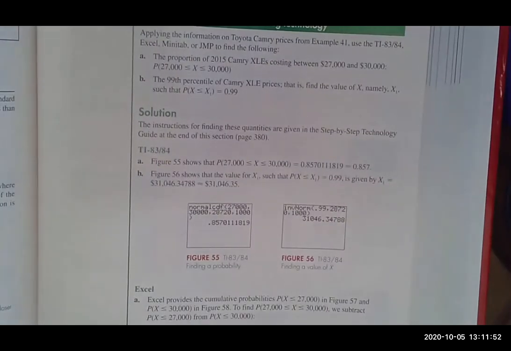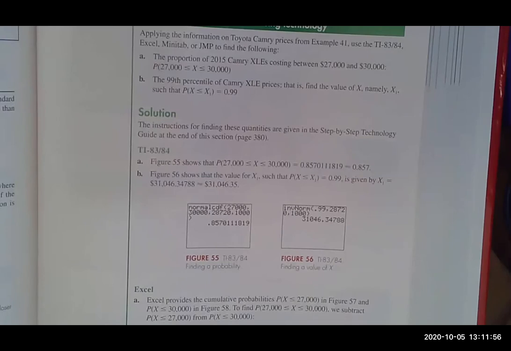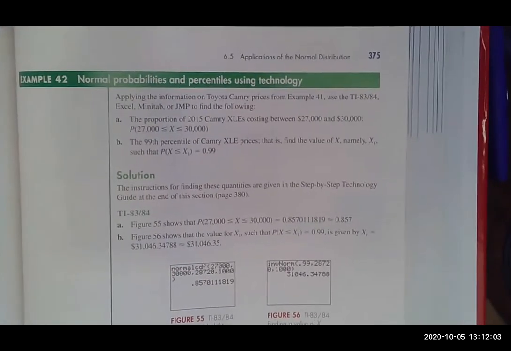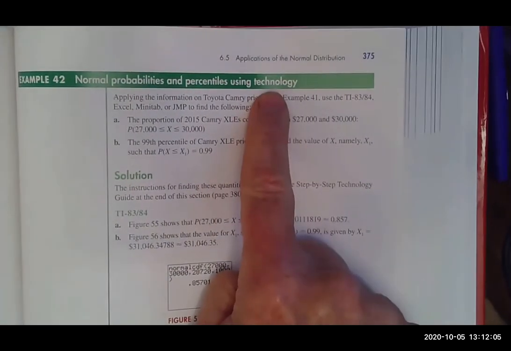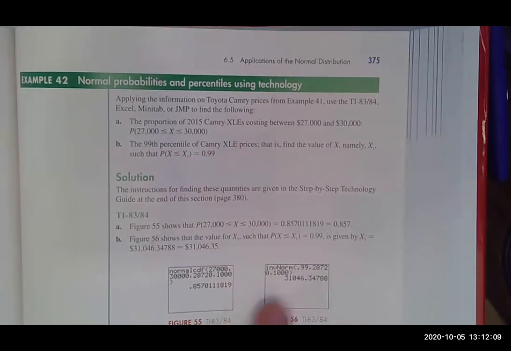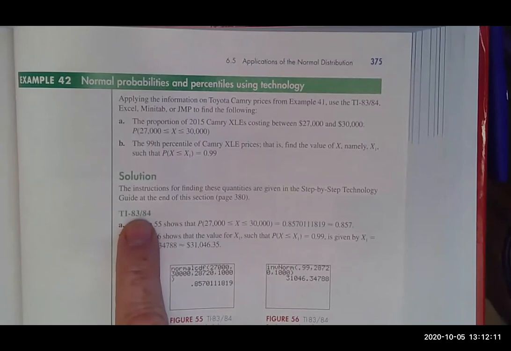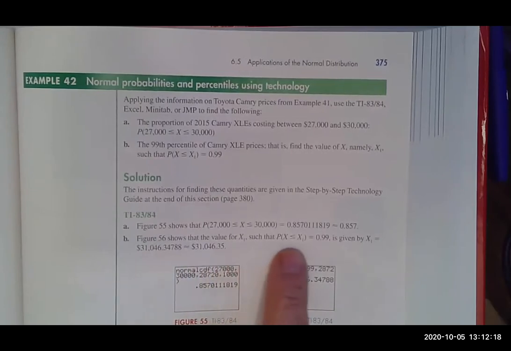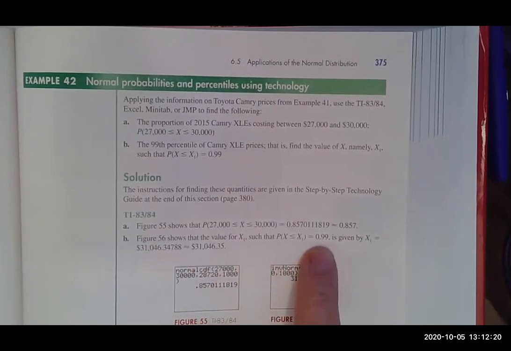If you're referencing a page number, it's 375. Page 375, using technology. TI-83/84. Okay, let's see. That's like the 99th percentile right here.